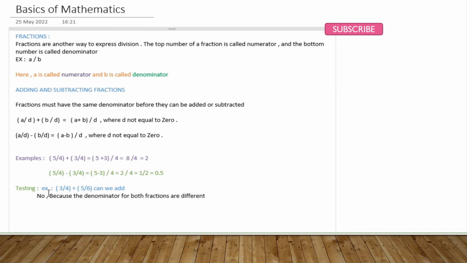Do you understand? In the definition, I clearly mentioned fractions must have the same denominator before they can add or subtract. That's why we cannot add both of them, because here the denominator is 4, here the denominator is 6. Are you understanding clearly?